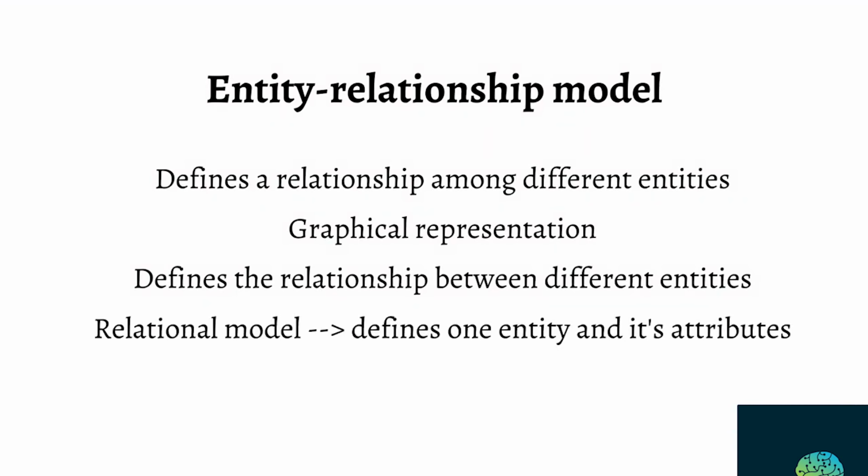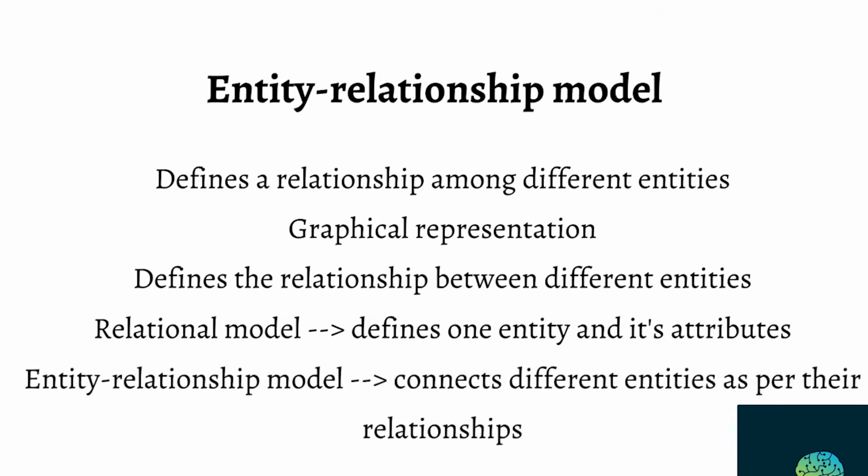That means the relational model could describe one entity and its attributes, but the entity relationship model has the power to connect different entities as per their relationships and hence draw a graphical representation of those entities along with their relationship and their attributes.